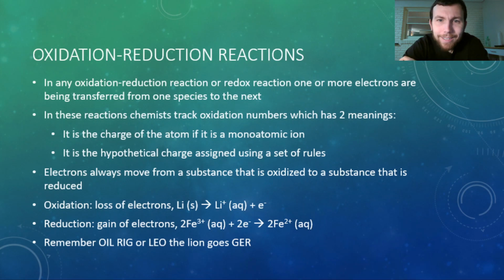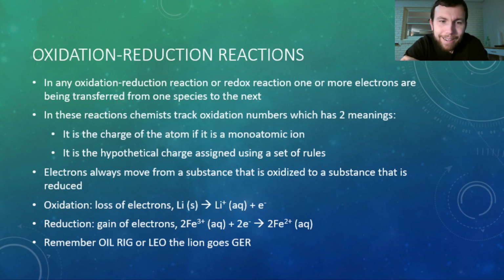Now, in an oxidation reduction reaction, the electrons are always going to move from a substance that is being oxidized to a substance that is being reduced. Now, you might be thinking to yourself, that's great, Mr. Kenton, but what does it mean for something to be oxidized and reduced? Well, oxidation from a chemistry perspective is going to be the loss of electrons.